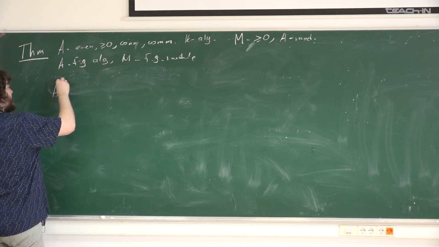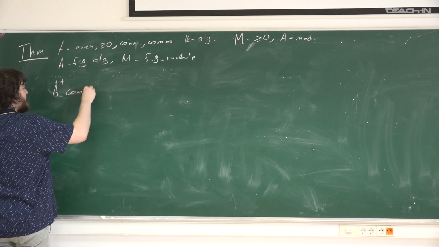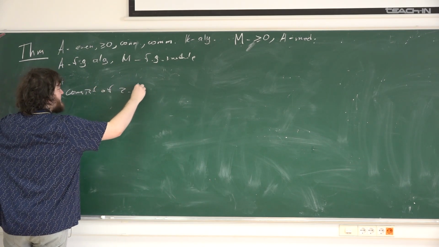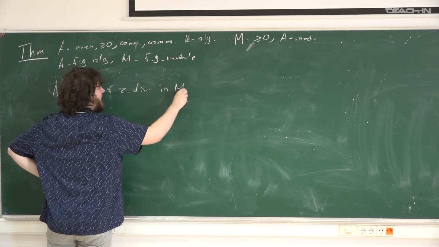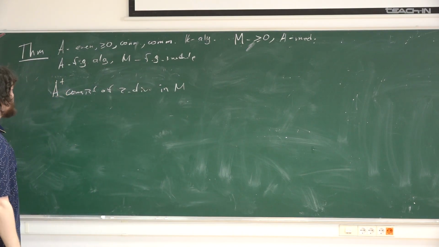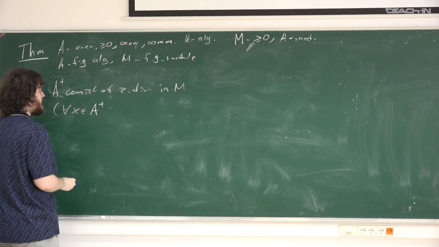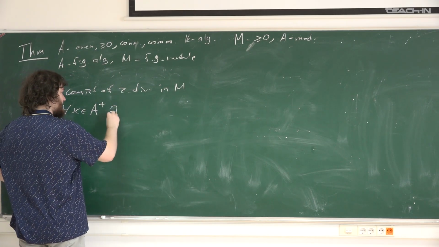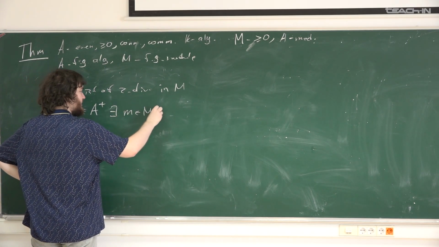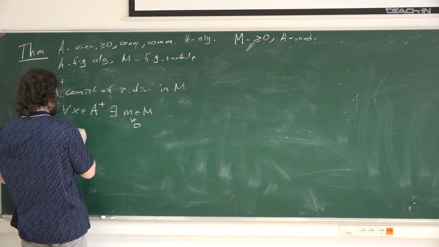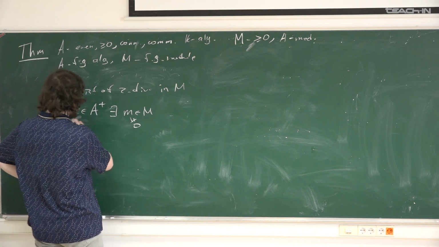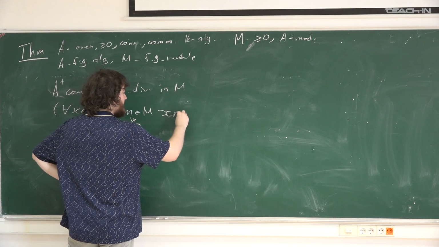If A plus consists of zero divisors in M, I mean that this makes sense for any M, so for any x of positive degree, there exists some m in M such that xm is zero.